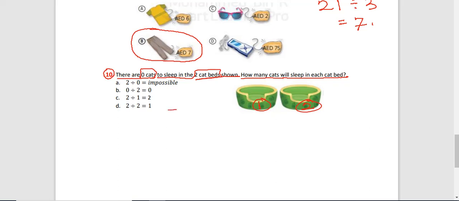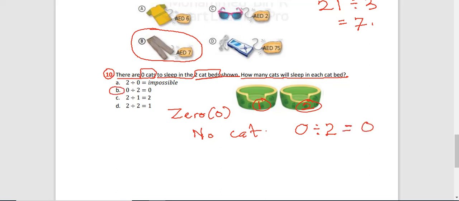So that means 0, which means no cats. So if there are no cats, then how many cats will sleep? 0. No cats will sleep. So that is 0 divided by the number of cat beds, which is 2. 0 divided by any number will give you 0. The correct answer is B.